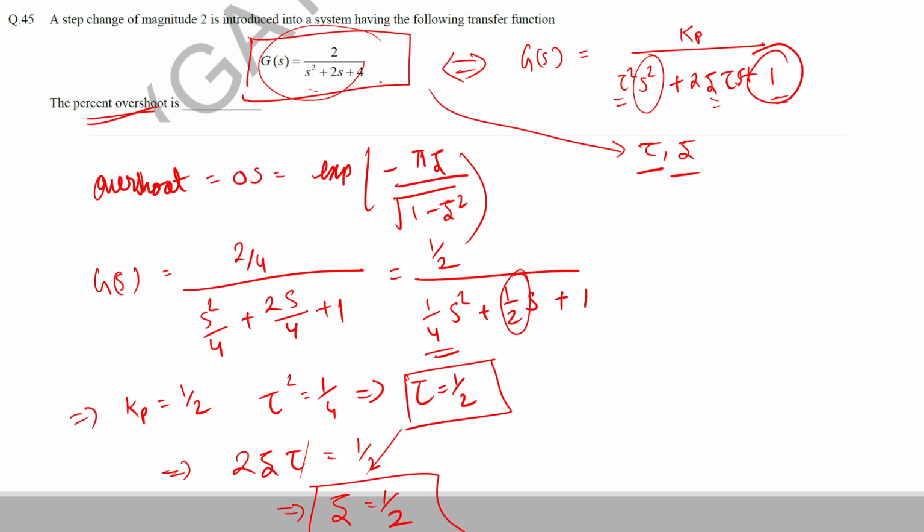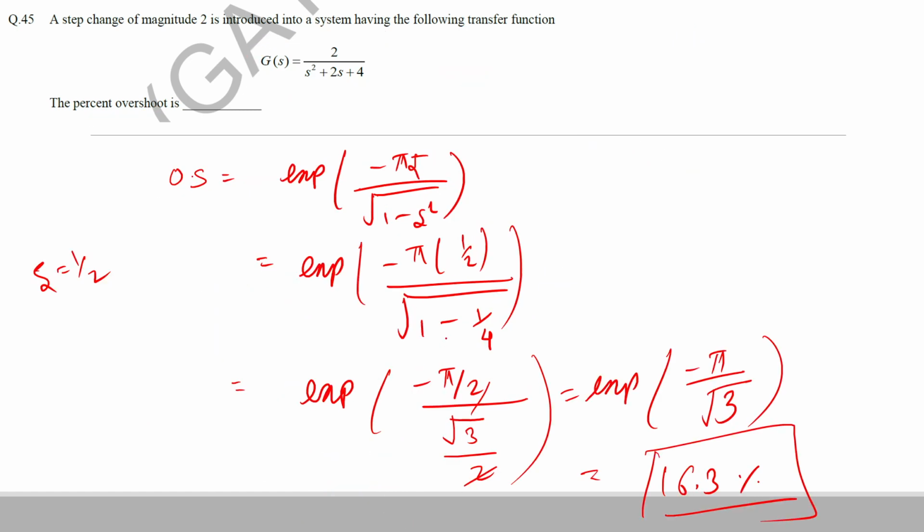Then we compare the coefficients of the denominator, and on the basis of that we get the value of tau as 1/2 and zeta also as 1/2. Then we use the value of damping coefficient zeta in this overshoot formula, and we find it to be around 16.3%.